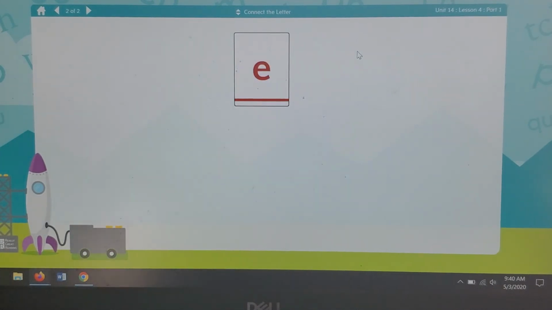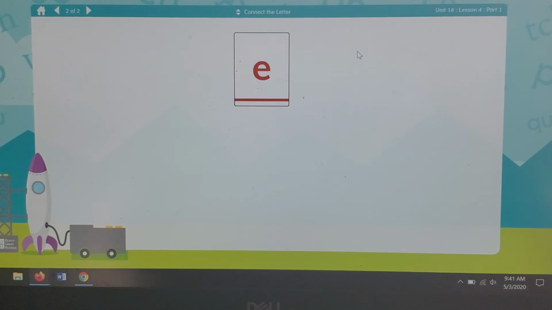Our final one, it is a red letter, so we know that it is a vowel. This is the letter E. And what is the short vowel phoneme for the letter E? Is correct. What would be the long vowel phoneme for the letter E? E is correct. Remember the long vowel phonemes?